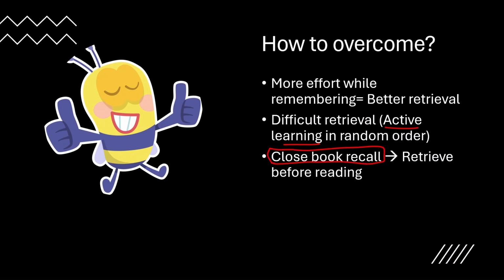So for that to happen, you have to actively recall. And actively recalling means you have to interlink topics, and you have to remember them in a closed book recall manner. What happens is, when we are starting a subject, we overlook the text that is written again and again.